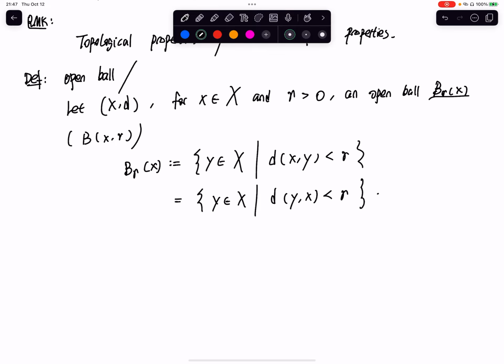And if we are going to define closed balls, we just change the strict inequality sign to the equal sign. Okay, so a lemma.